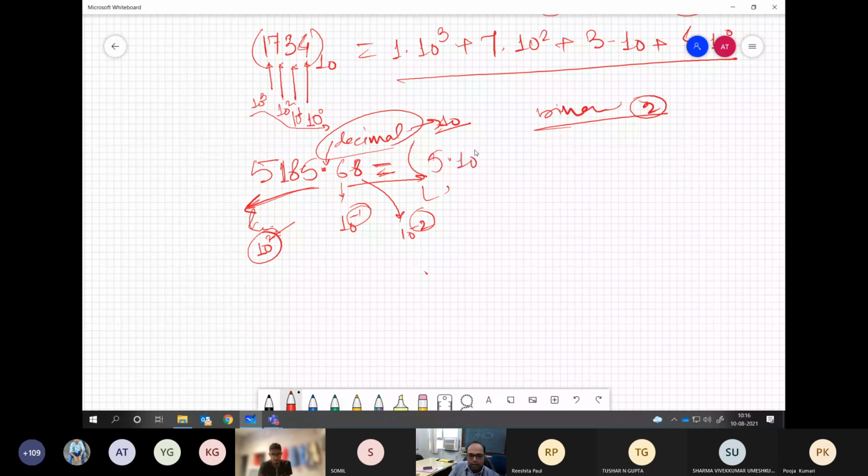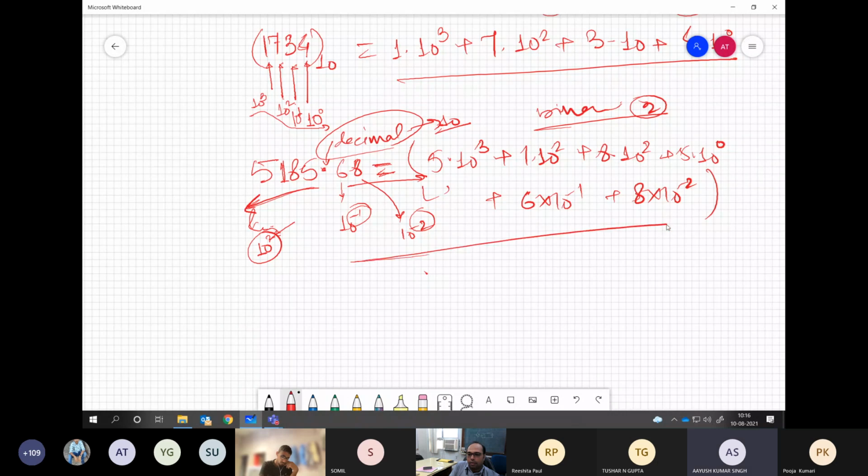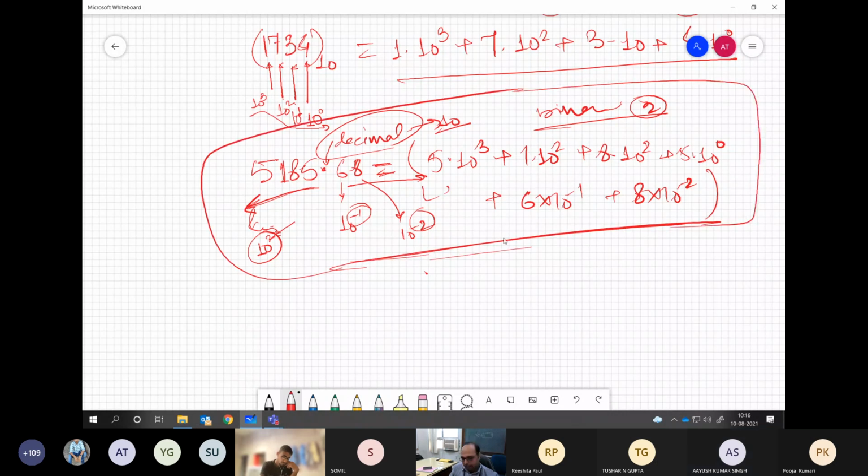Simply, if we have to understand this, it's very, very easy to write. Isn't it? Any problem in this? No, sir. And this is how we understand what this number is trying to indicate, what weightage it contains, isn't it?